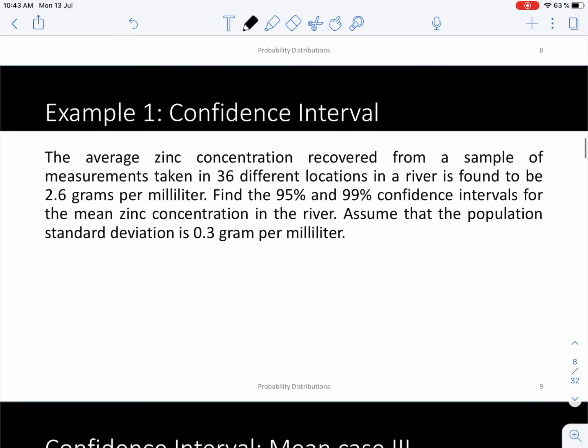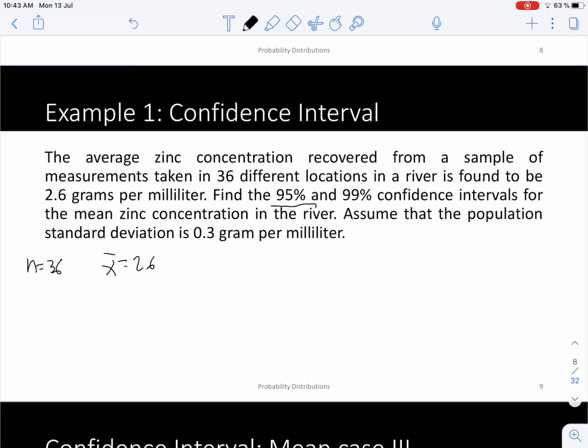So let's check an example to practice a little bit what we're learning here. The average zinc concentration recovered from a sample of measurements taken in 36 different locations, that's our sample size, is 2.6 grams per milliliter. So that's an x bar, right? That's based on a sample of 36 observations. That's a sample value.